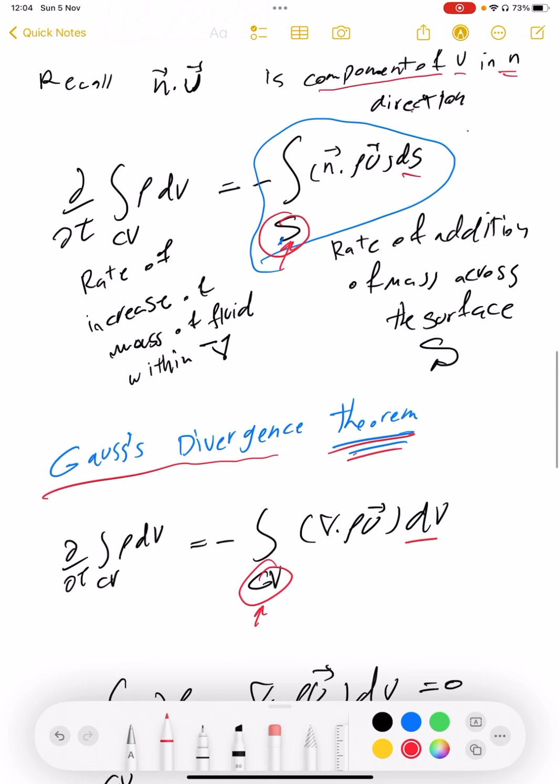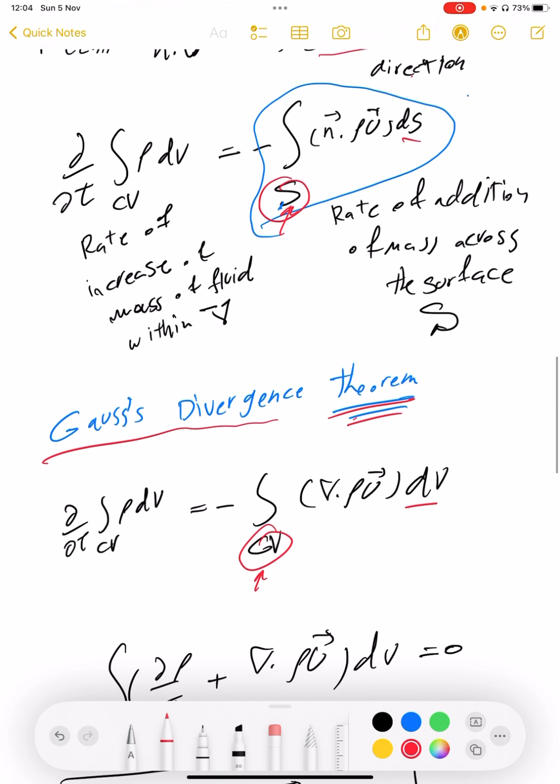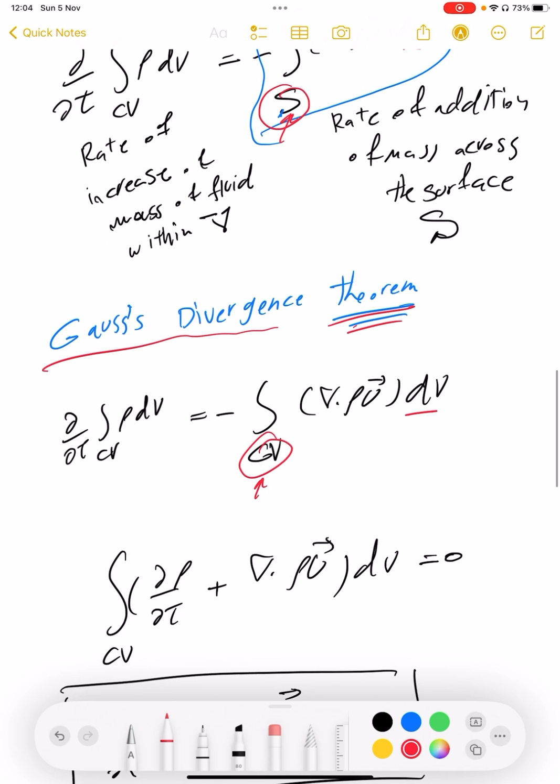This gets a bit weird, right? You have integration over the surface and integration over the control volume, and it's not really nice to use this if you're using CFD software, for instance. So what you do is use Gauss's divergence theorem. It's a theorem, there's no proof. People just know that this is correct. I'm going to give you an example to explain why this is correct using a Taylor series expansion. You can replace the integration over the surface with integration over the control volume.